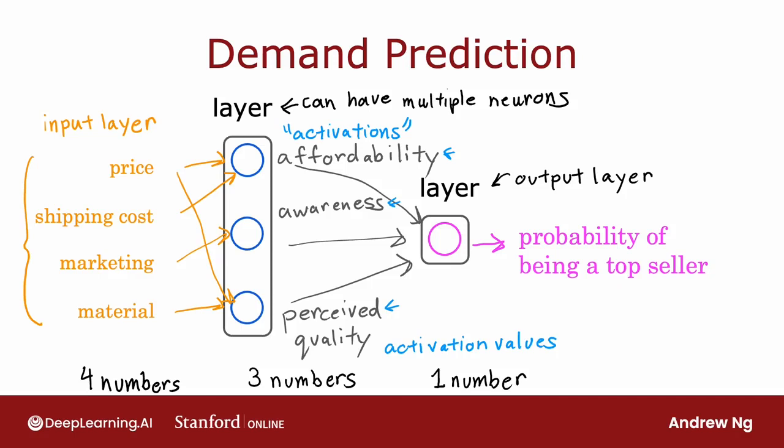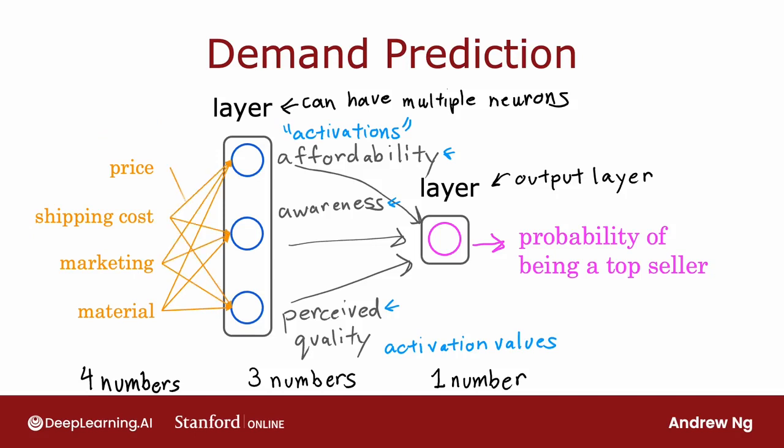The way a neural network is implemented in practice, each neuron in a certain layer, say this layer in the middle, will have access to every feature, to every value from the previous layer, from the input layer, which is why I'm now drawing arrows from every input feature to every one of these neurons shown here in the middle.